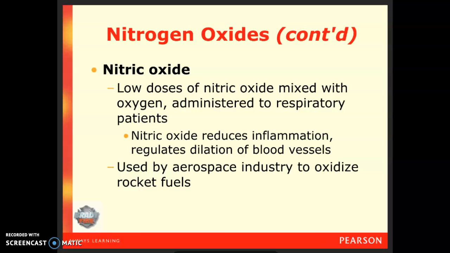Now, again, the big difference: nitric oxide, NO, is different from nitrous oxide, which is N2O. Nitrous oxide, N2O, also better known as laughing gas.